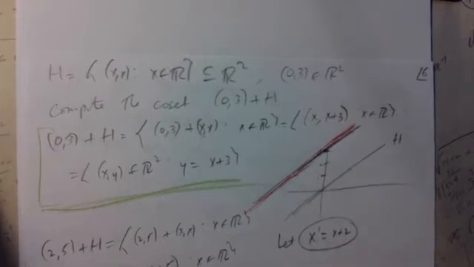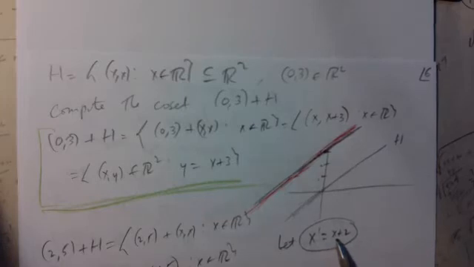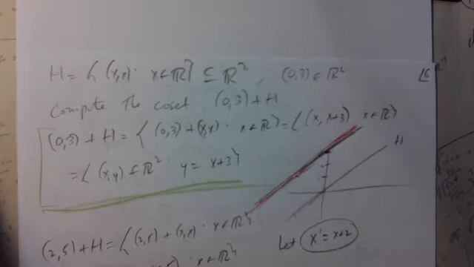Just make that substitution. So this is all points of the form (x prime, x prime plus 3). And as x runs through all real numbers, x plus 2 also does. So if I make this substitution, I see that this coset is exactly the same as this coset.